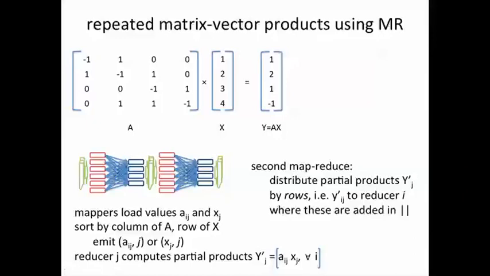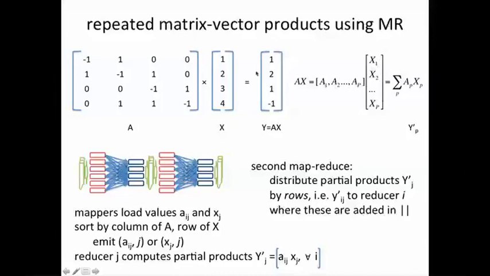Essentially what we've done, if you think about this carefully, is we have written this matrix vector product as a block multiplication. You can write A as a bunch of columns or sets of columns. So A1 could be individual columns, or A1 could be a bunch of columns.